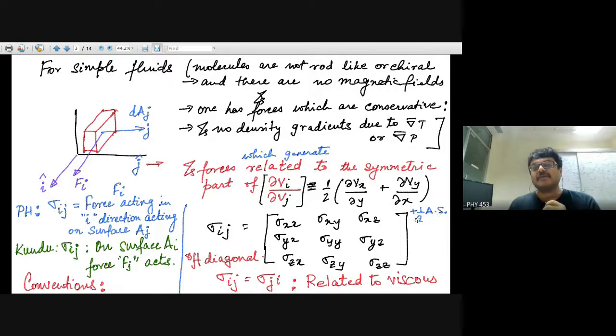This antisymmetric part is related to the rotation of a fluid without deformation, and that does not create viscous stresses. So today's discussion will be about the symmetric part of the velocity gradient tensor, what forces are generated and felt due to velocity gradients.